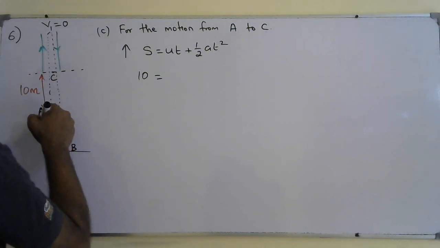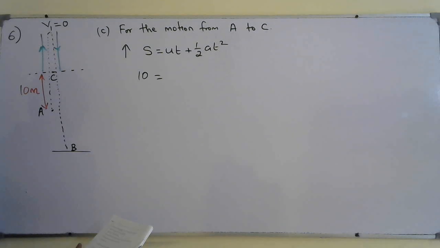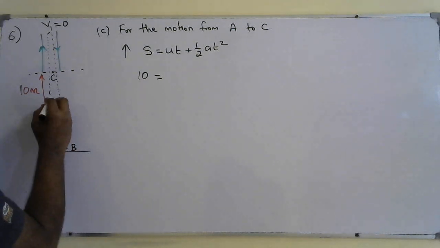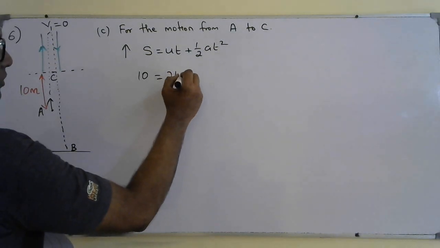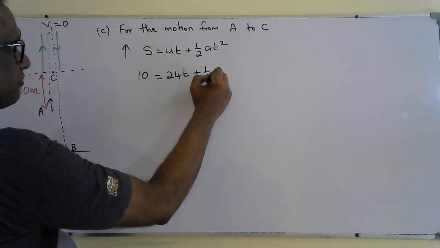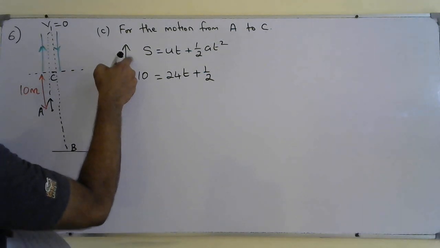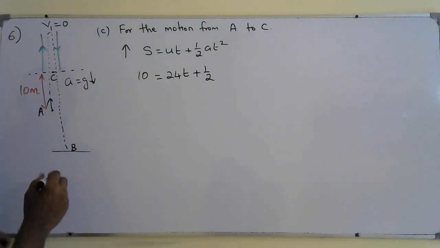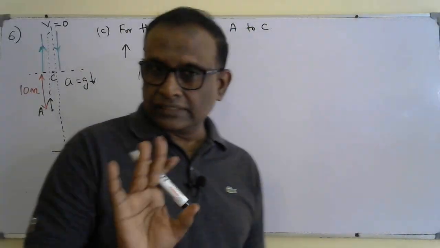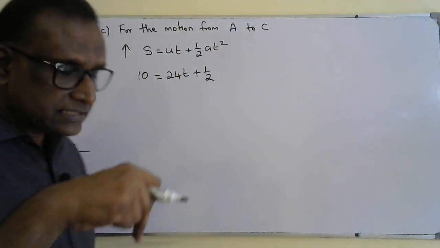Initial velocity at A is given, that is 24 meters per second. It was thrown upward, 24 meters per second. So 24 into T plus half. I am using upward direction positive. Acceleration is g, which is downward direction. Whether the ball is moving up or down, there is no change in the acceleration. It's always directed down.